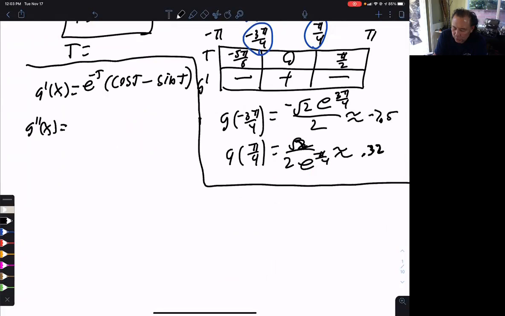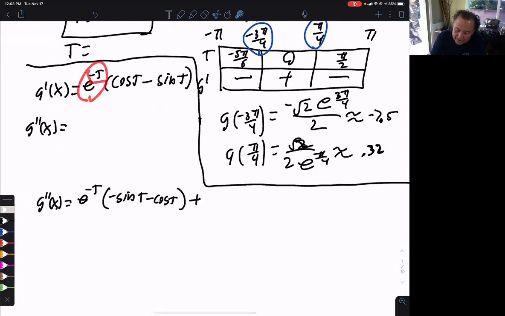We have a product rule, and I'm going to run out of room here very quickly. So let me do it down here. Product rule. I leave the first alone, and I take the derivative of the second. It's going to be minus sine t minus cos t, plus I take the derivative of the first, that's e to the box. So it's going to be e to the box times the derivative of the box, and then I leave the second alone.